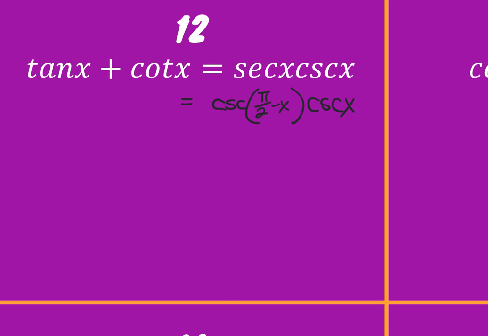I think they're easy to spot because it's the only time you see pi over 2 minus an angle. So I would go to the cofunctions, and the cofunction that matches cosecant is secant. So this becomes secant of x. That's how you would see it built into those questions. Cofunctions would look like that, and then the even and odd would have a negative on them.